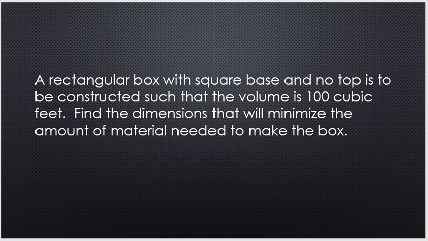Going back to the statement of our question, it says that the volume is 100 cubic feet. So we're told that volume has to equal some fixed quantity, some fixed constant. So a quantity equaling some fixed constant tells us that that is what's going to be our constraint equation.